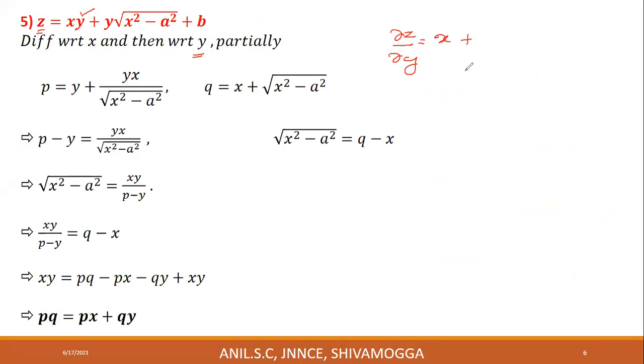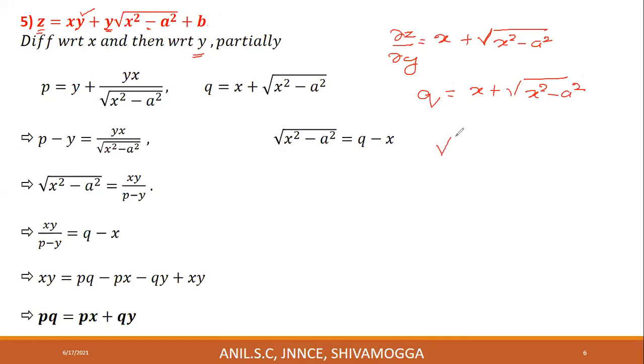Plus, here square root of x square minus a square is a constant. Keep it as it is. The derivative of y partially with respect to y is 1. Plus b, b is constant, its derivative must be 0. And we know that del z by del y is small letter q. q is equal to x plus square root of x square minus a square.